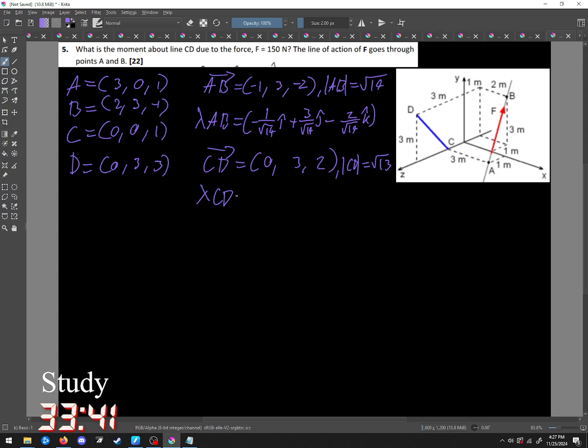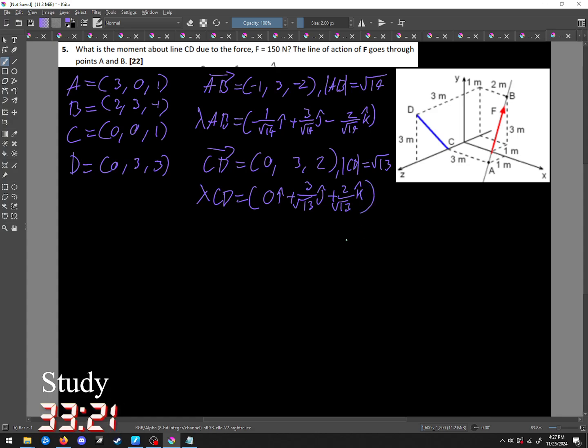Lambda CD is going to be equal to 0 I hat plus 3 j hat plus 2k hat over square root 13.